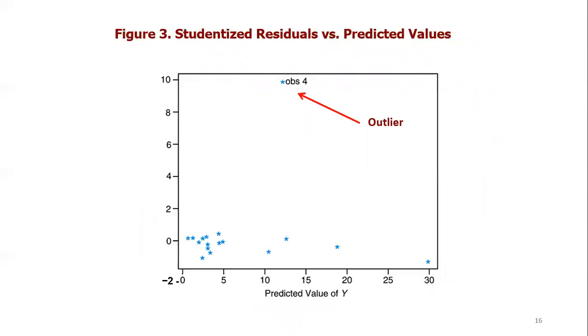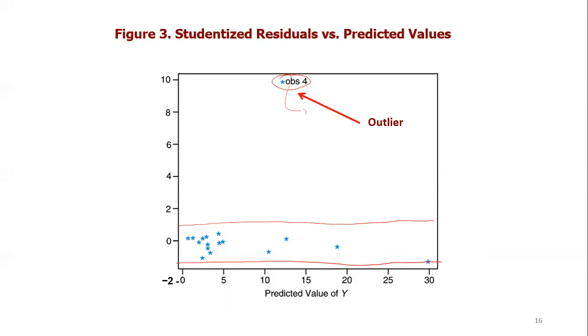If you plot the studentized residuals against the predicted values in R, as you see, these are the studentized residuals, and this is your outlier. This is a perfect outlier.